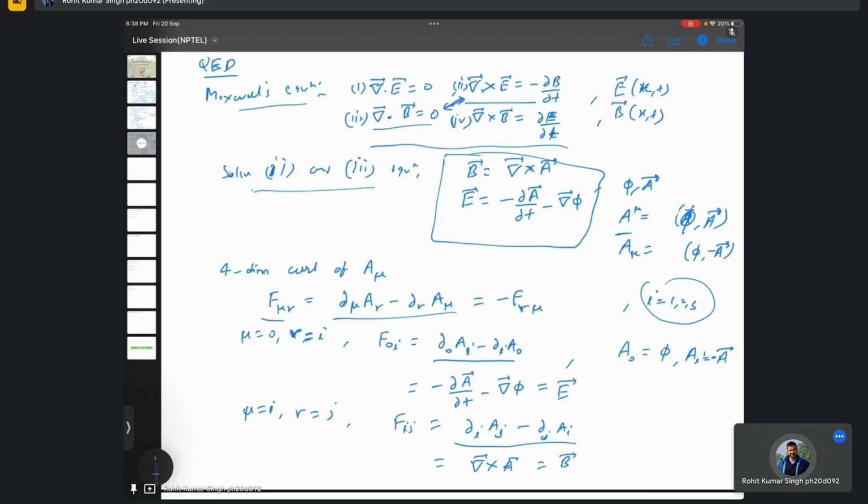That means there are 6 independent components of this tensor, and they are the electric and magnetic fields. That's why this is called the field strength tensor.